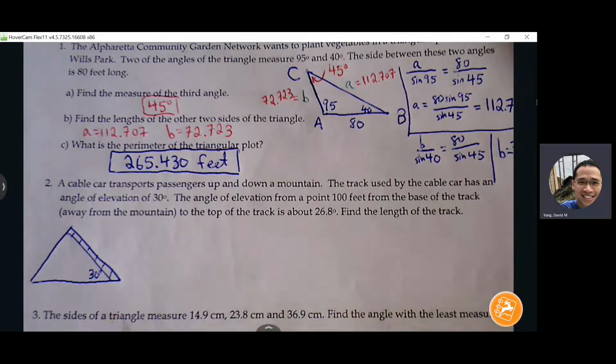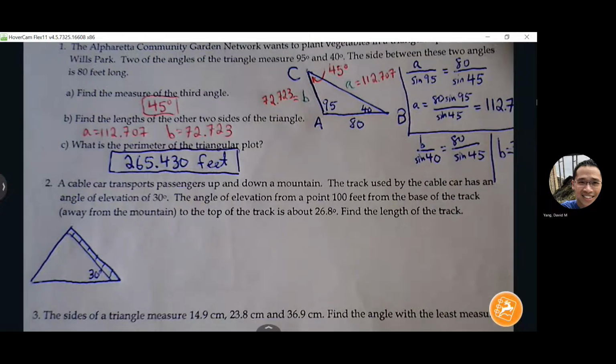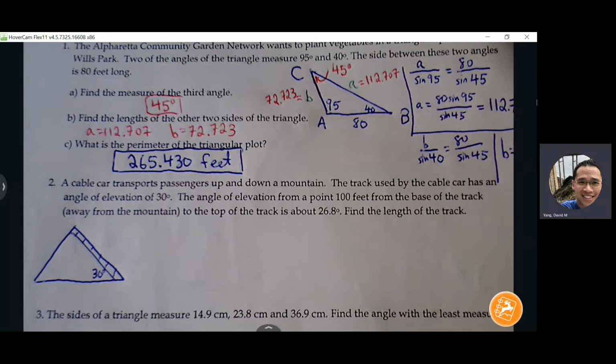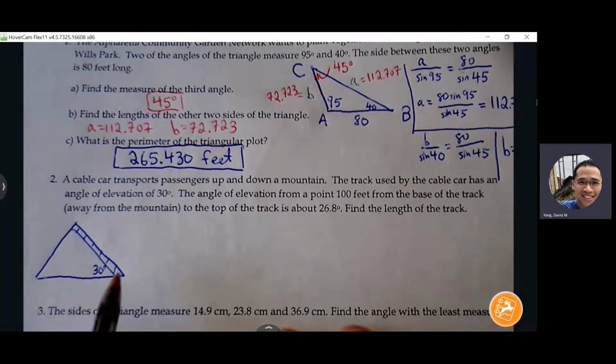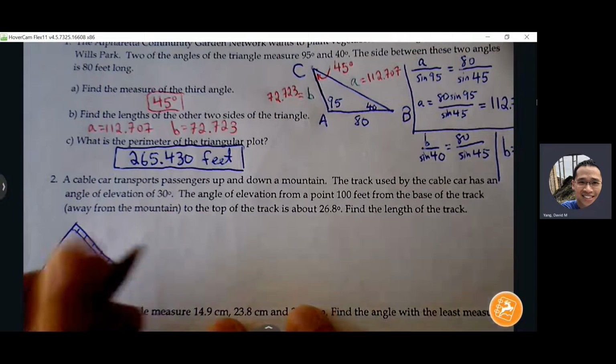So now we are, okay, so imagine we're 100 feet away from the base of the mountain.